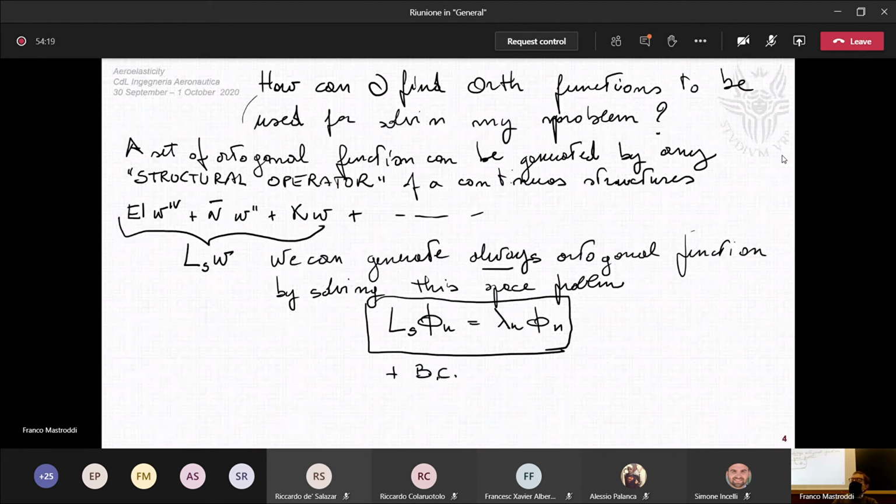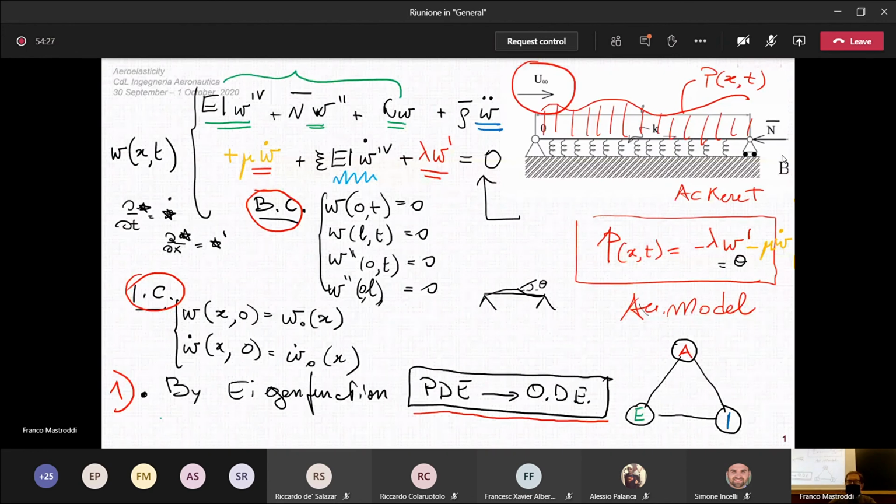So in our case, we can consider our system just avoiding the aerodynamic force, this term, the damping, and this term, the aerodynamic damping, leaving only this part, the elastic part, the conservative part, apart from the inertial force. Okay?